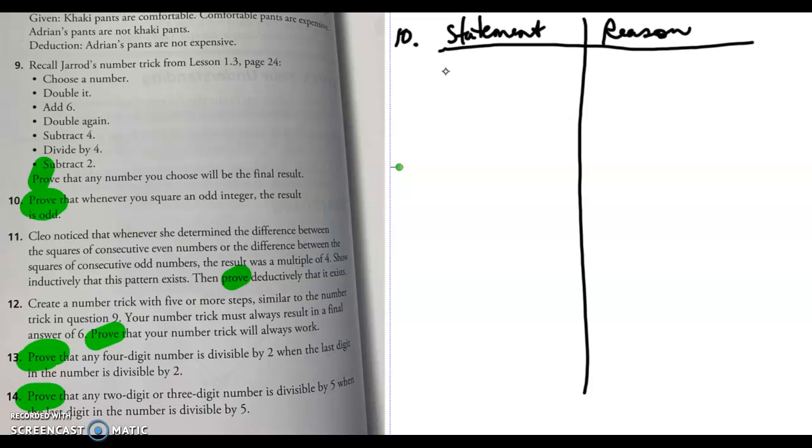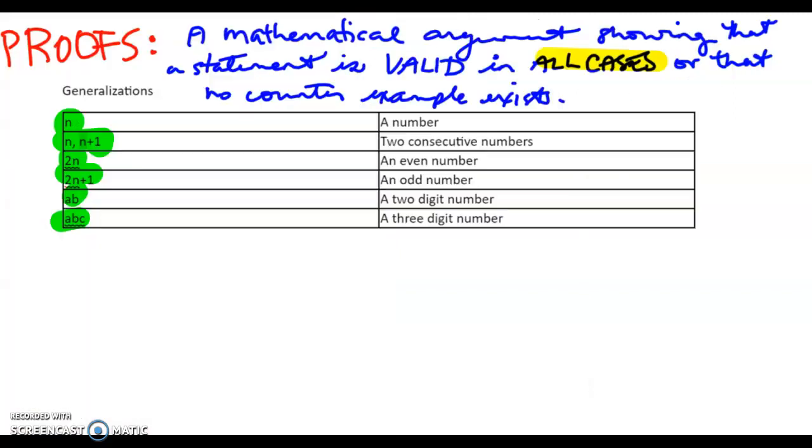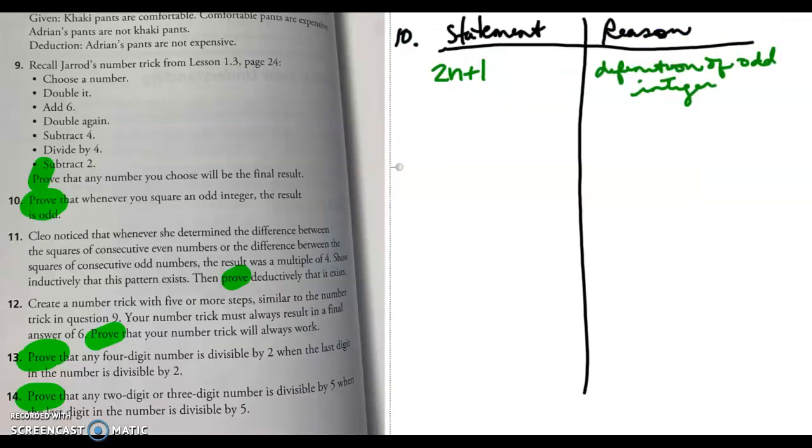So let's say that it's 2n plus 1, and our reason is definition of odd integer. Okay, that comes from this chart that we looked at. Any odd number is going to look like this. It doesn't have to be an n, just has to be any variable there. So we have our odd integer that we're talking about.